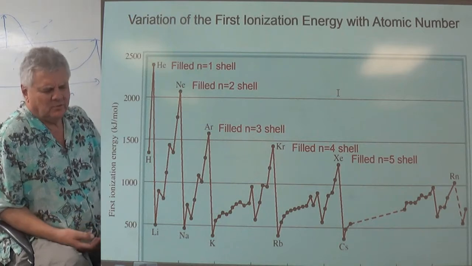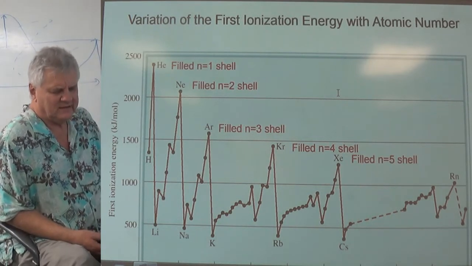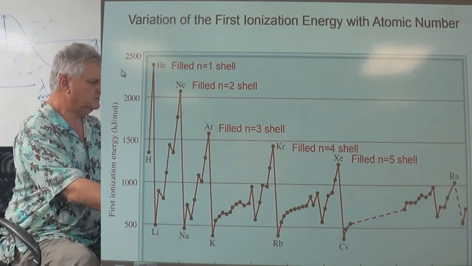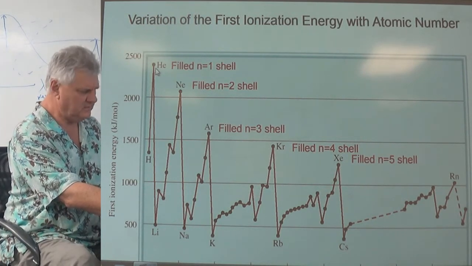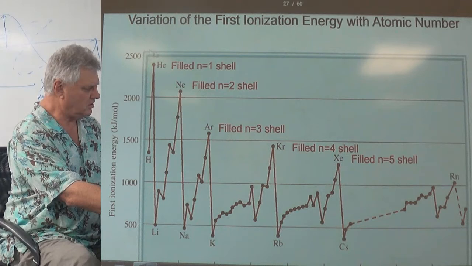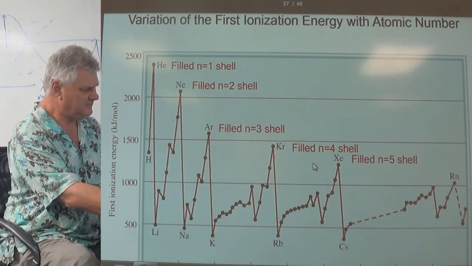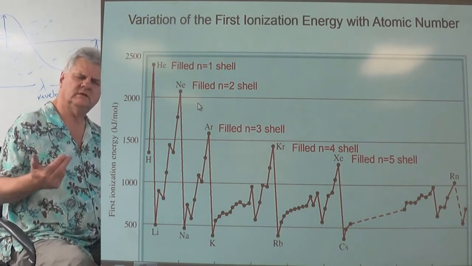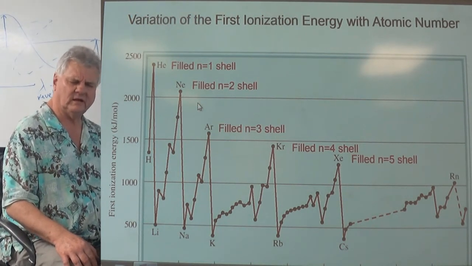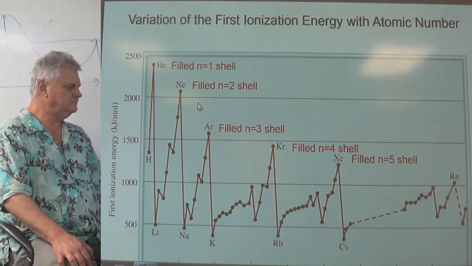Noble gases are the most stable elements on the periodic table, so it should be the most difficult to remove an electron from them. And notice these trends. The noble gases are at the top of these peaks. The elements that are the most difficult to remove an electron from are the noble gases.